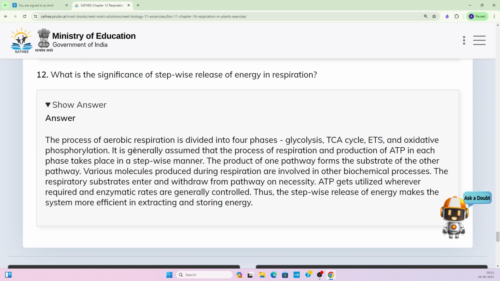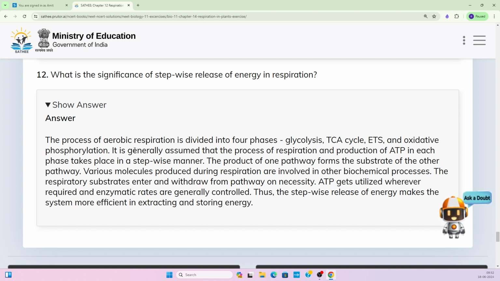The product of one pathway forms the substrate for the other pathway, whereas the molecules produced during respiration are involved in other biomolecular processes. The energy synthesized in respiration, the ATP molecule, is used in other biochemical processes.